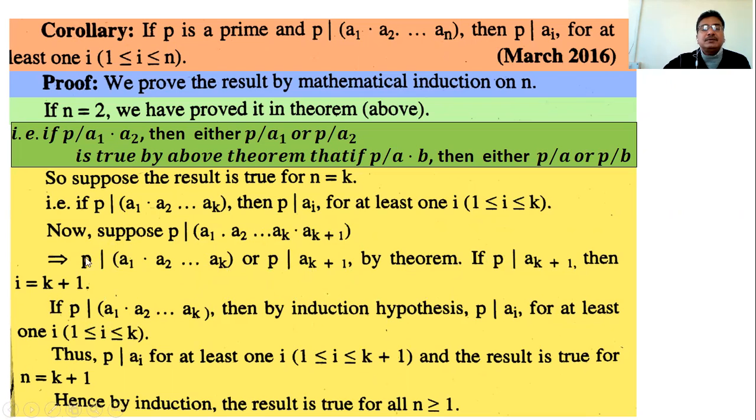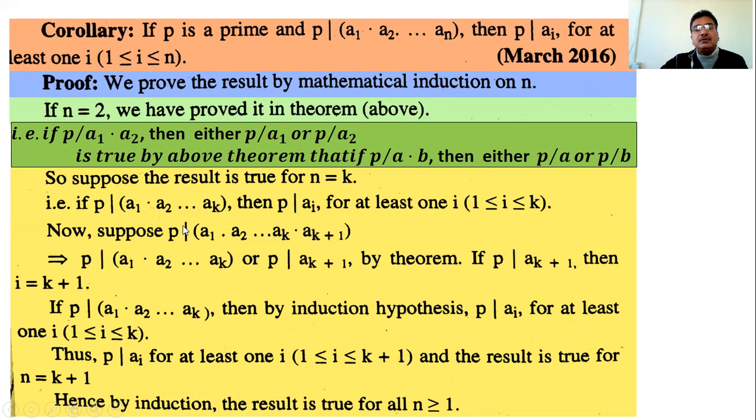So how do we prove it? If p divides a1, a2, up to ak plus 1, it implies p divides a1 into a2 into ak, or p divides ak plus 1, by using the above theorem, Euclid's lemma. So consider a1 into a2 into ak as one number, suppose a, and ak plus 1 as b.